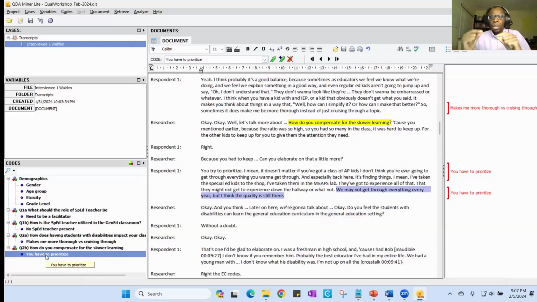So again, sometimes you can't capture the full thought with just one sentence, right? But what some people will do, they'll just take this and highlight the whole thing. That on the back end is going to be a disaster. You want as much specificity as you can, instead of having this whole paragraph saying you have to prioritize, and then you go back on the back end and say, okay, well, what did he really mean?